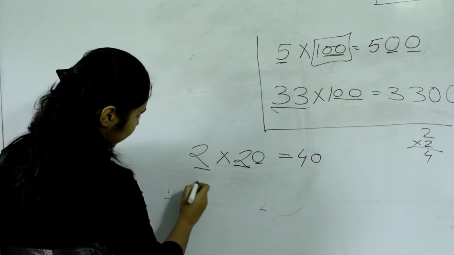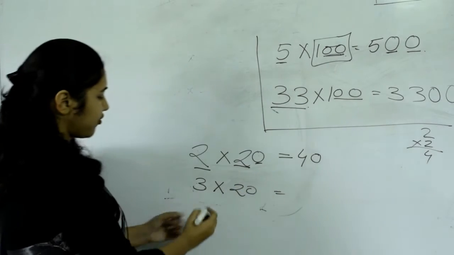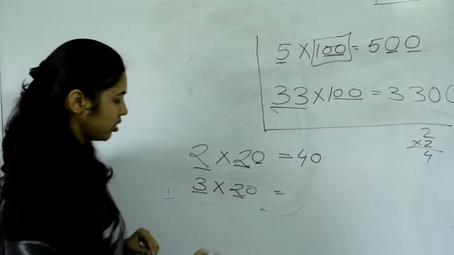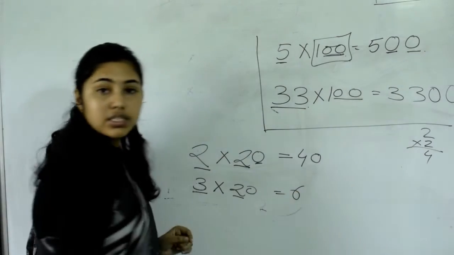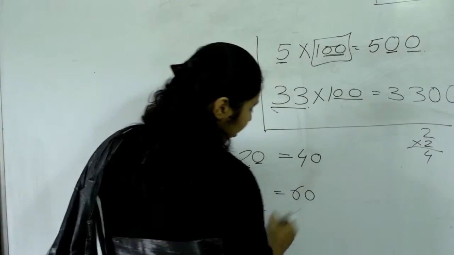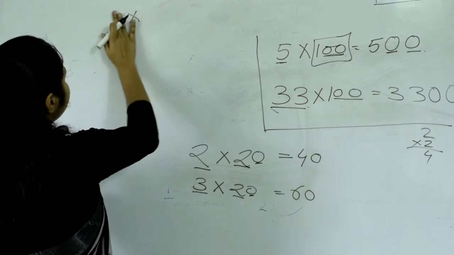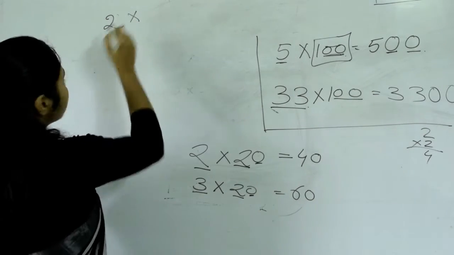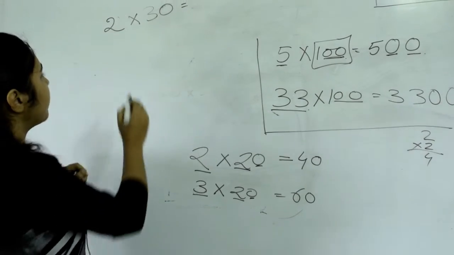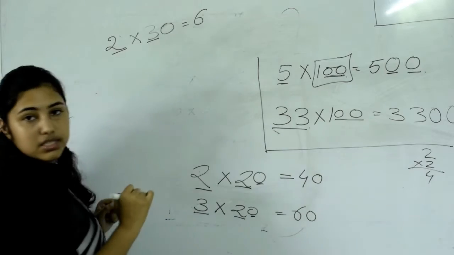If we multiply similarly 3 with 20, again first multiply these two digits, 3 and 2. We know that 3 twos are 6 and then add 1 0 in ones place. Similarly, if we multiply suppose 2 with 30, again multiply 2 and 3, 2 3s are 6, right?